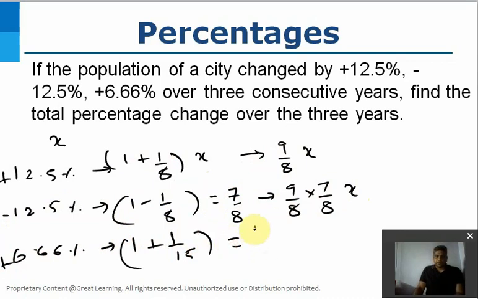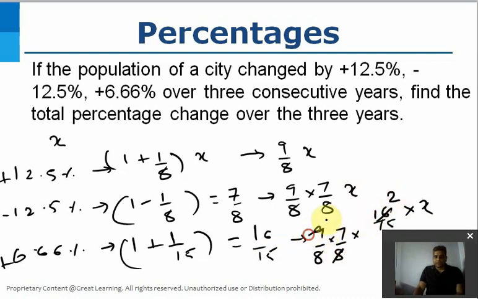We have to multiply the last value. So 9 by 8 into 7 by 8 into 16 by 15 is what we are getting. So 8 twice, 3 threes, 3 fives. What does it become? 2 fours. It becomes 21 by 20 x.